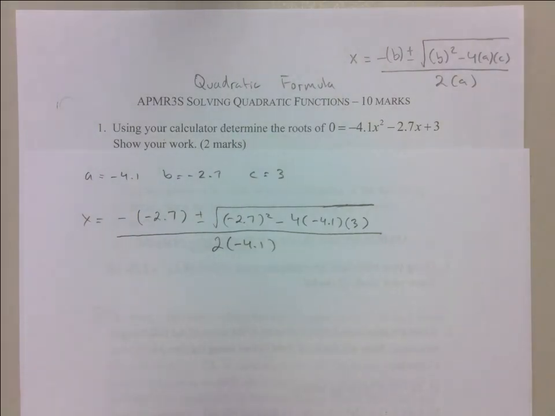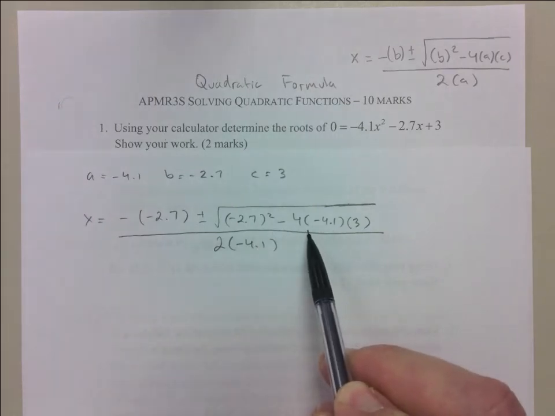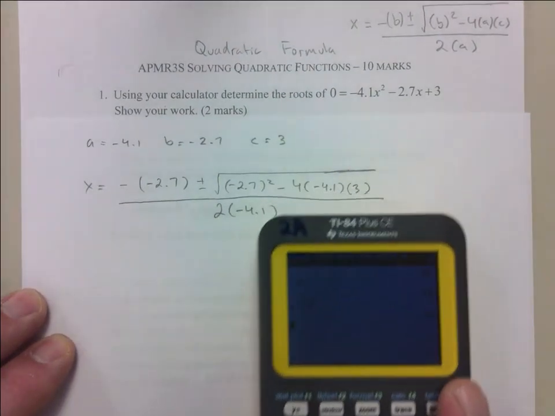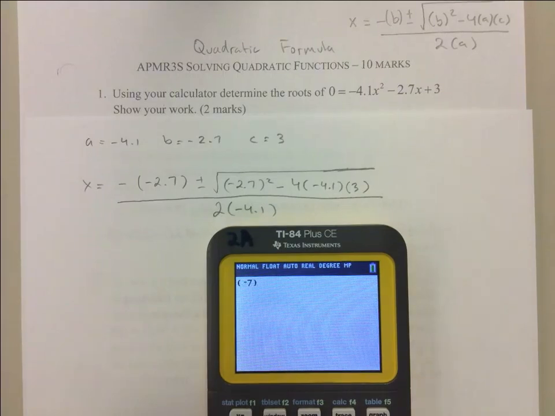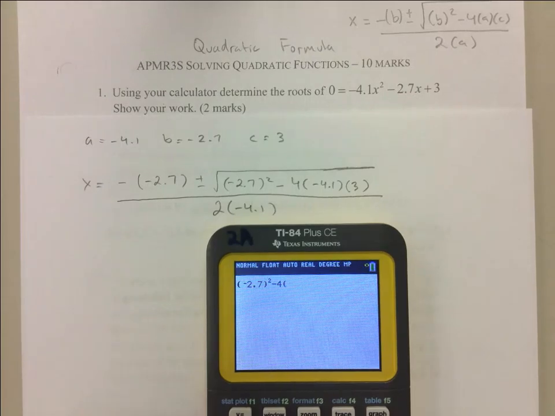So some of you just love entering the whole thing in one shot. I would say do the discriminant first, because if this is negative, we don't even have roots. You can stop. So I will do that part first. So see how I go like this, negative 2.7 squared minus 4 times negative 4.1 times 3, right?